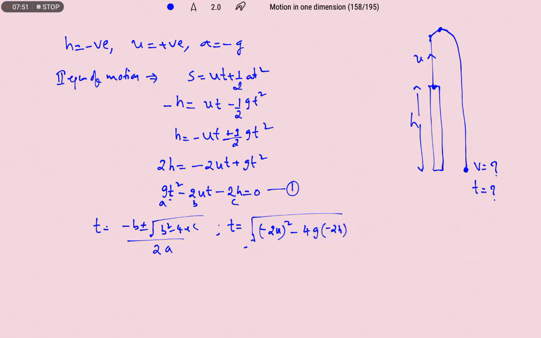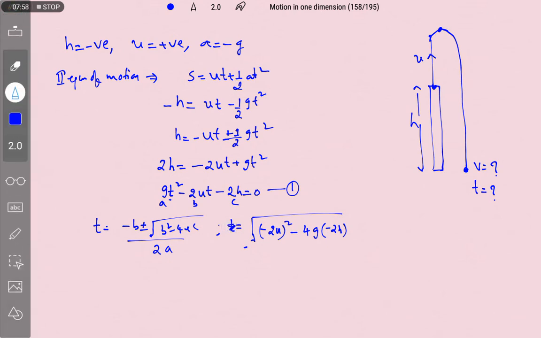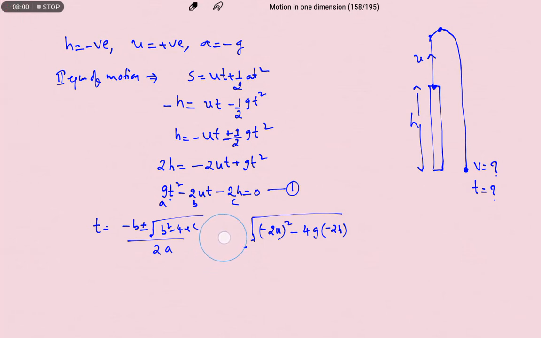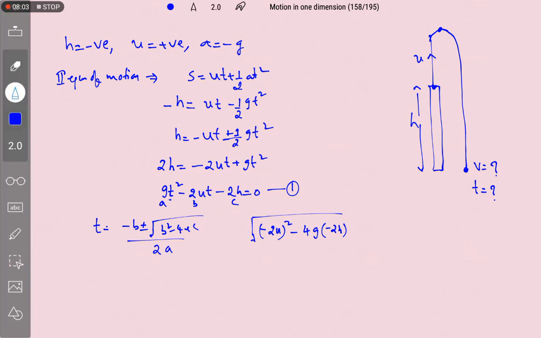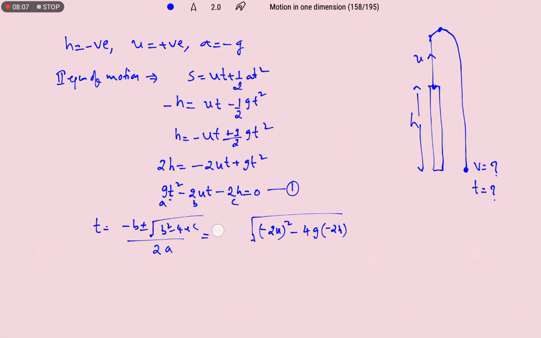By, sorry, here we need to write minus b, so minus of minus 2u, plus or minus, by 2 into g. Therefore 2u plus or minus under root of 4u square plus 8gh by 2g.